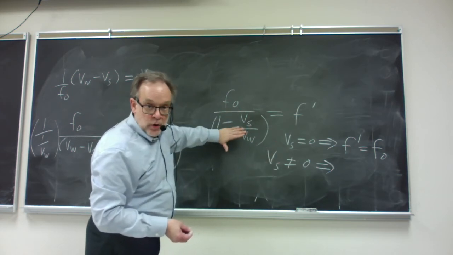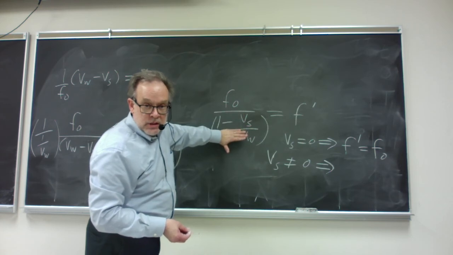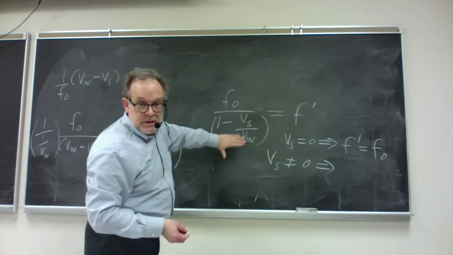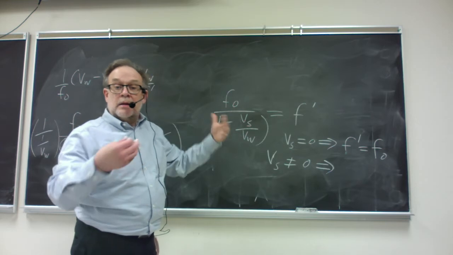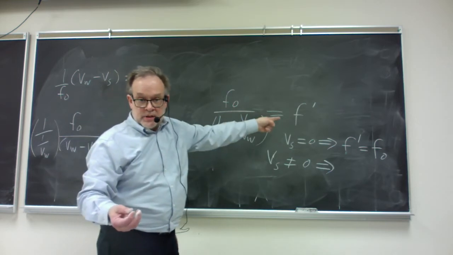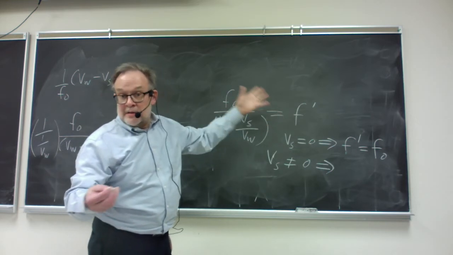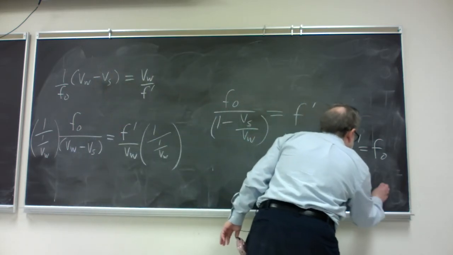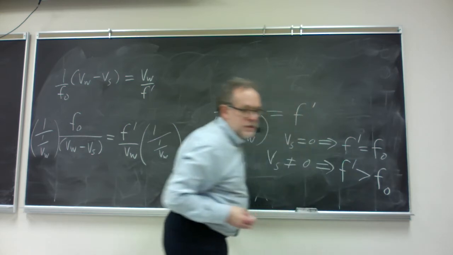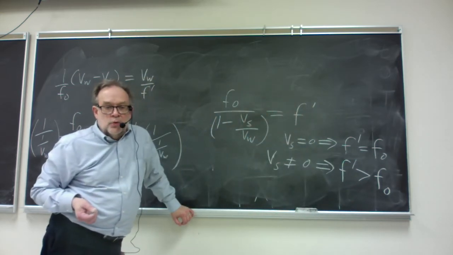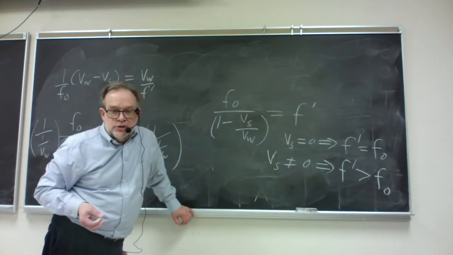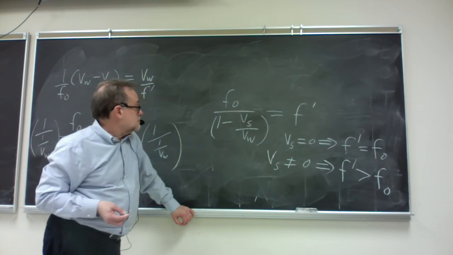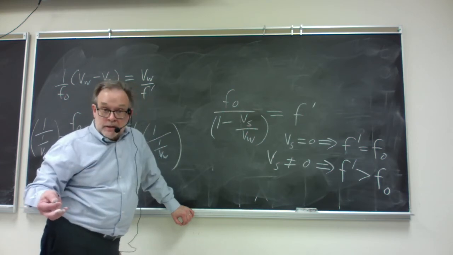Now it's less than 1. So when the denominator is smaller, this entire quotient will be larger, which means the perceived frequency is higher. Perceived frequency is higher than the actual frequency with which vibrations are happening at the source. That's a Doppler effect.